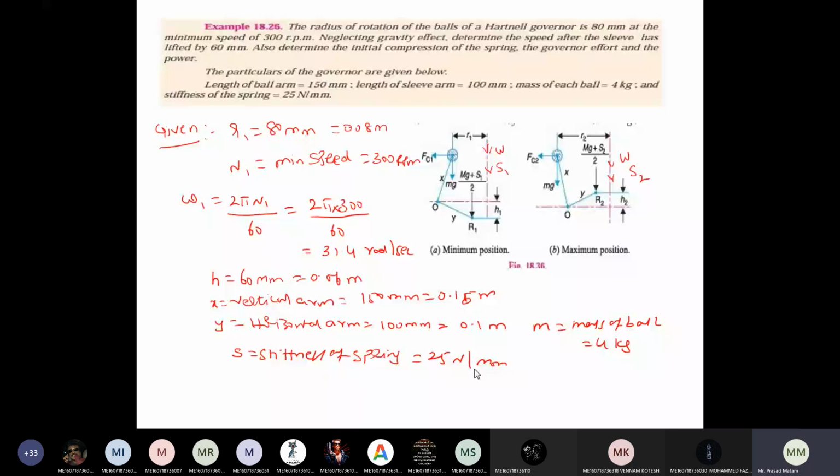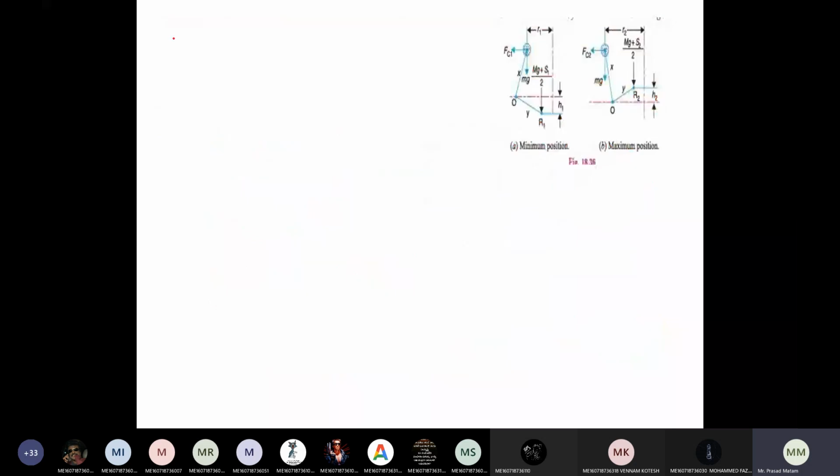So from this, how do we get the h value, the height of the sleeve? The height of the sleeve is given by the equation h is equal to (R2 minus R1) by (Y by X), or A by B you can write. From this, what is the R2 value?